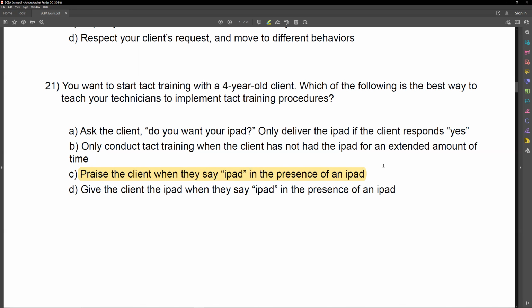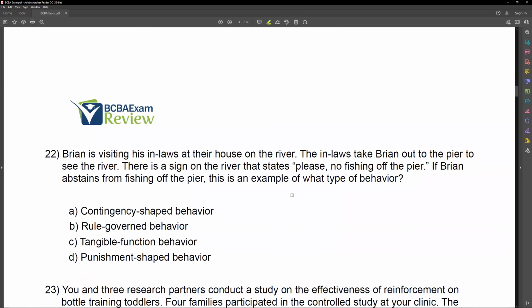Again, this is mand training. You're reinforcing them with the item they requested. You don't want to get TACTs and mands mixed up. If you're TACT training, you should be reinforcing with more generalized reinforcers and not the actual item that was labeled.